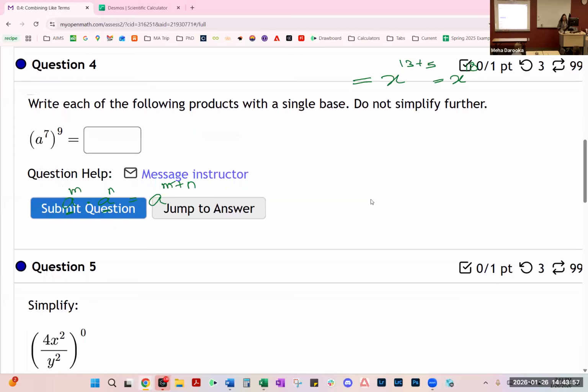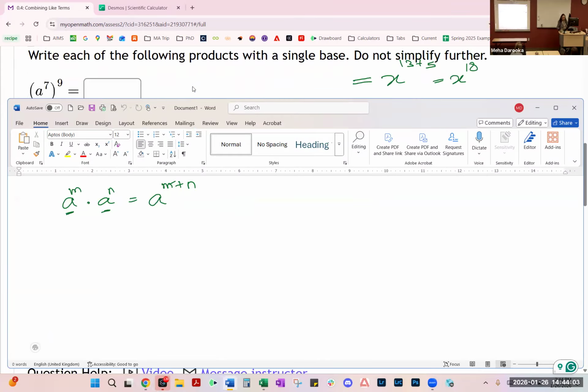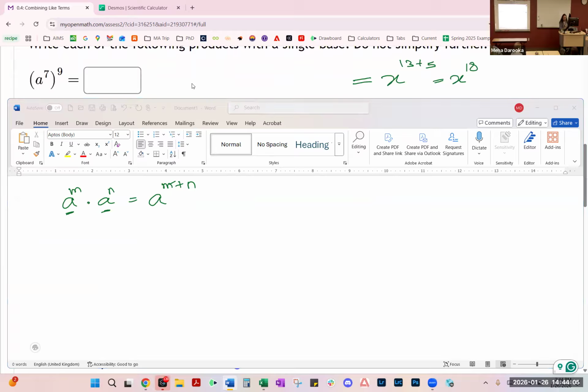Number 4 here comes from the power rule. So for the power rule, the idea is when it is the same base with two different exponents, you've got one on the inside, one on the outside. Technically, you are actually multiplying those exponents.